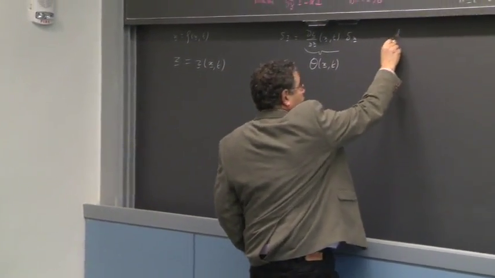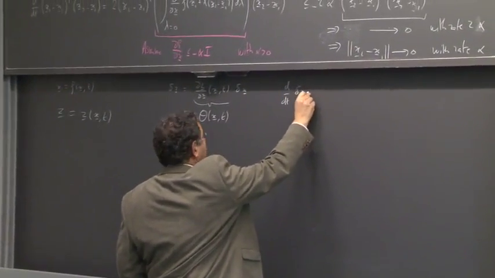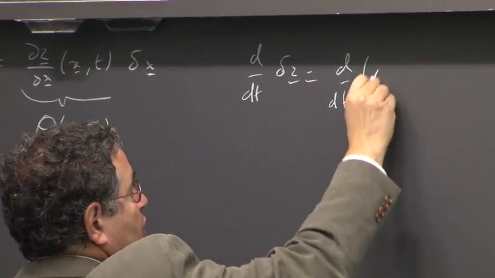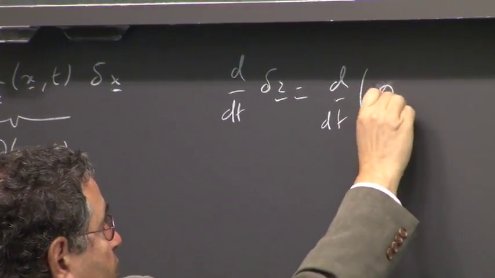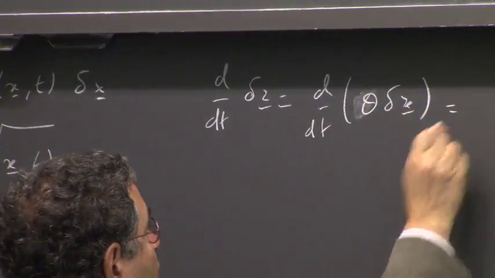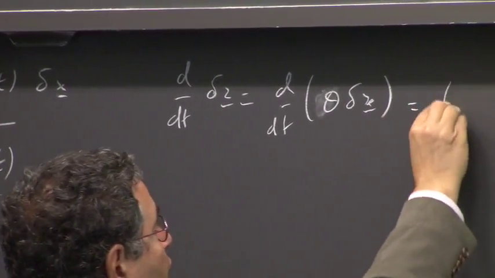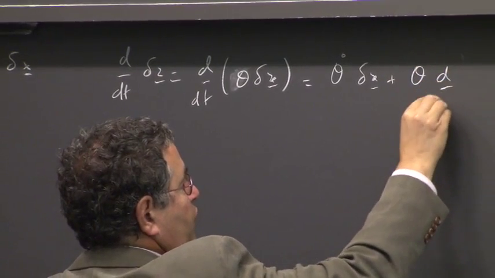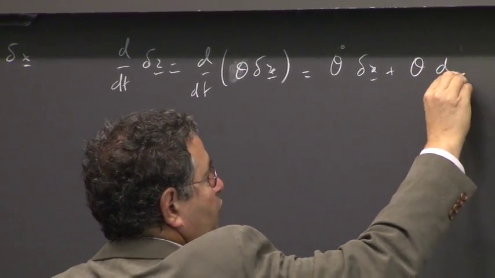So d over dt of delta z is d over dt of theta delta x. So it's theta dot delta x plus theta d over dt of delta x.